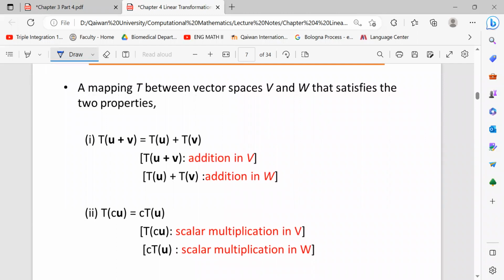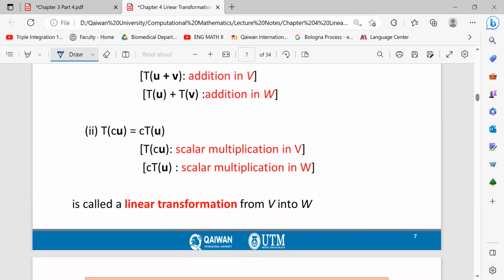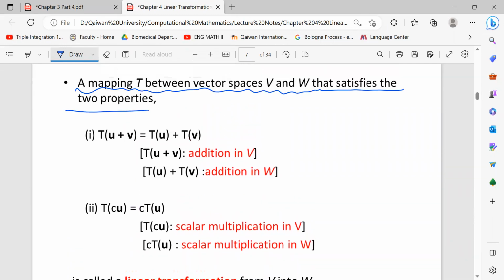Then we have the definition of linear transformation here. We say a mapping T between vector spaces V and W that satisfies the two properties is called a linear transformation from V to W. If we pick any two vectors from the domain, V, and find the sum of them first, then find their image, it must be equal to the sum of their images.